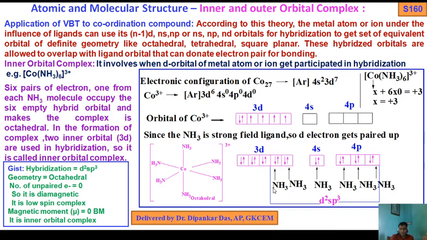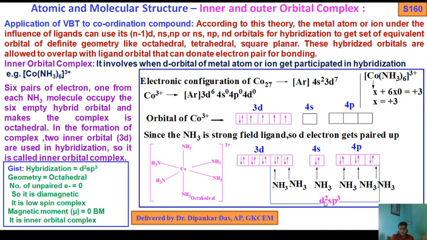How many d orbitals are involved? Here 1 and 2, so 2 d orbitals are involved. How many 4s? 1. How many 4p? 3. So in hybridization, 2 3d orbitals, 1 4s and 3 4p orbitals get involved.